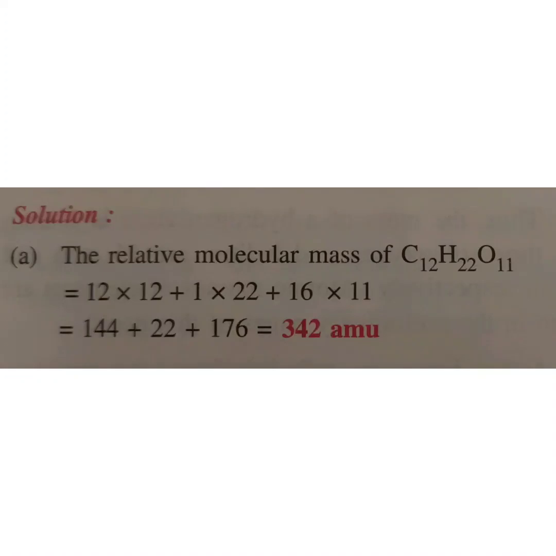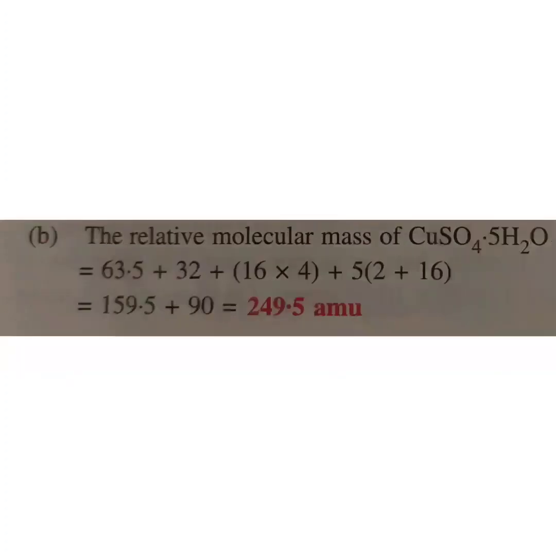So that works out to 144 plus 22 plus 176, which gives us 342 atomic mass units. So the relative molecular mass for cane sugar will be 342 atomic mass units.